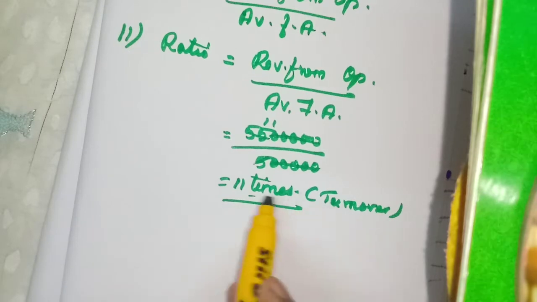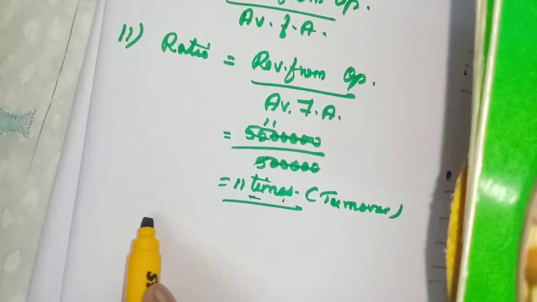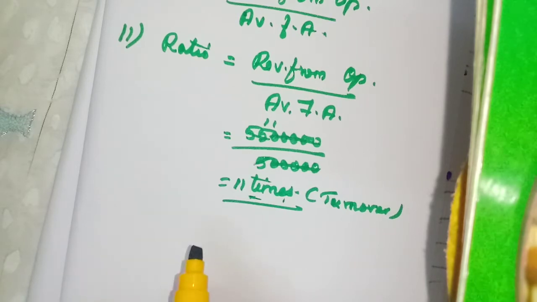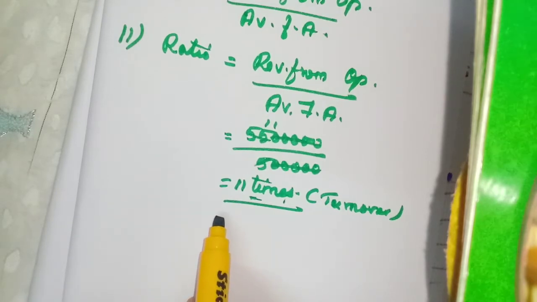Here it is given in times, which is the turnover ratios. Then the next one, profitability ratios, will be in percentage, P for percentage. Here T. The other first two that we have learned were in proportion. That you have to remember.